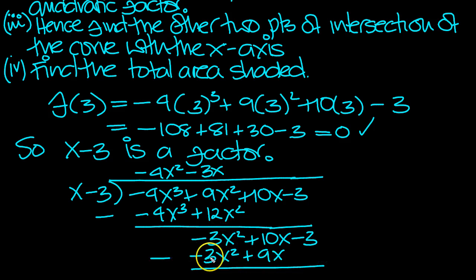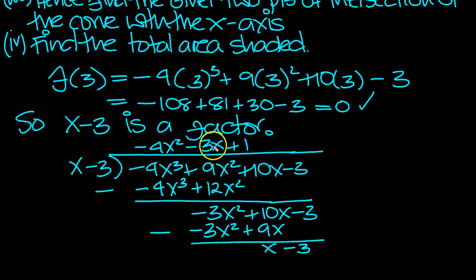This take that will cancel. 10 take away the 9 is just an x, and then we've got the minus 3, take nothing is minus 3. So how many times does x go into x? Once, plus 1. So let's multiply through. One lot of x is x. One lot of minus 3 is minus 3. Take them away, and we do get the 0 as we wanted.